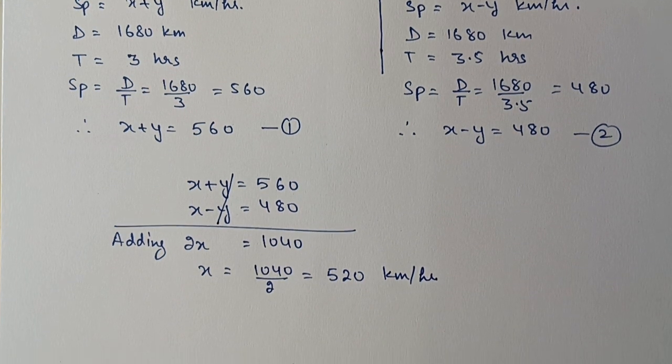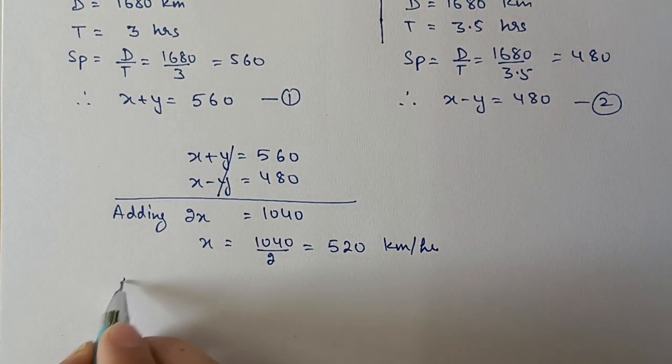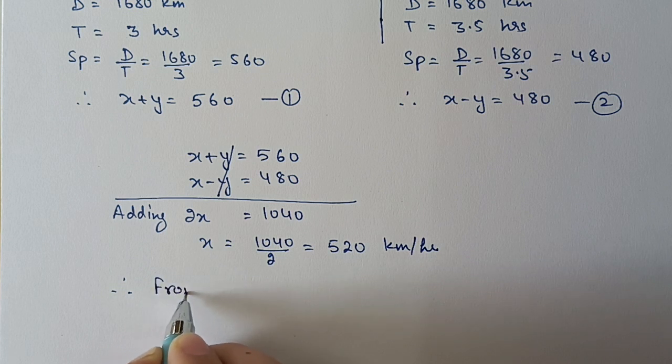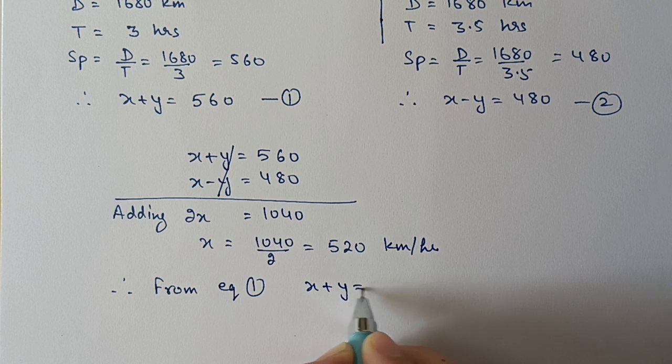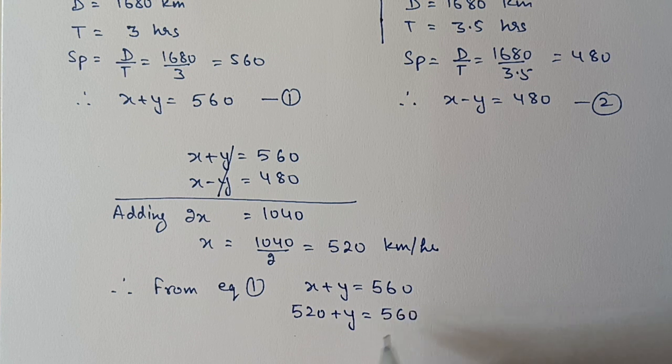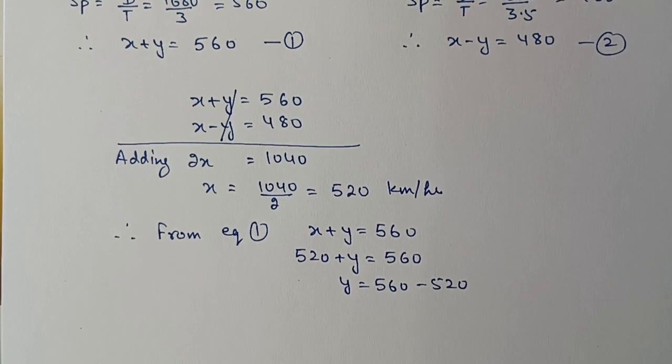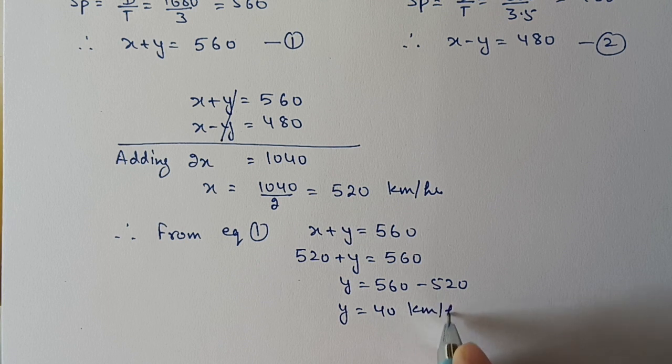Now this x value we can substitute in any one equation. Therefore from equation 1, x plus y is equal to 560, 520 plus y equal to 560. So y value will be 560 minus 520 equal to 40 kilometer per hour.